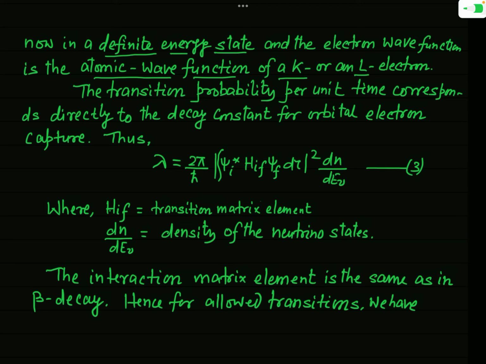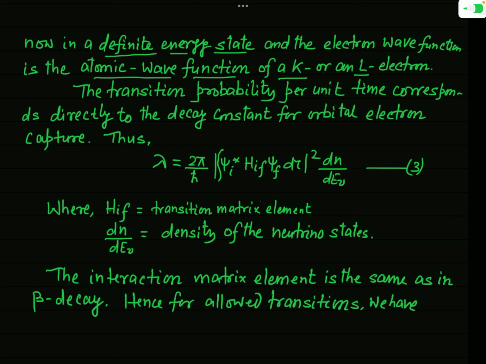So this is the difference. In the beta decay process, the wave function for the emitted electron was just a plane wave, but in this case it will be a wave function like that of a hydrogen-like atom.